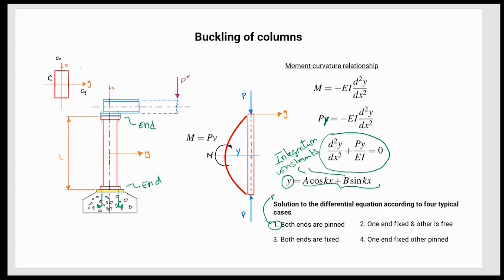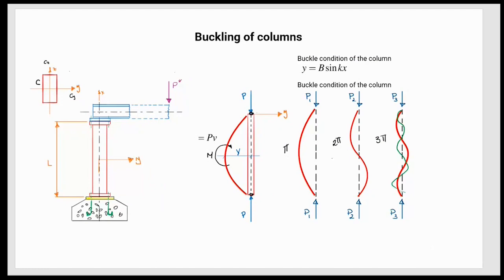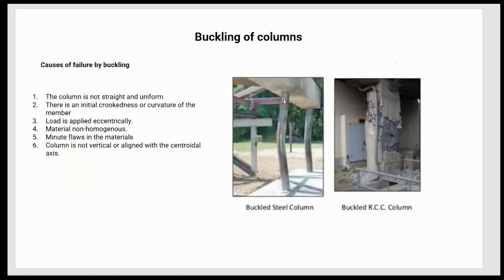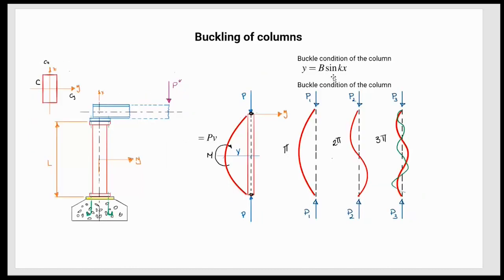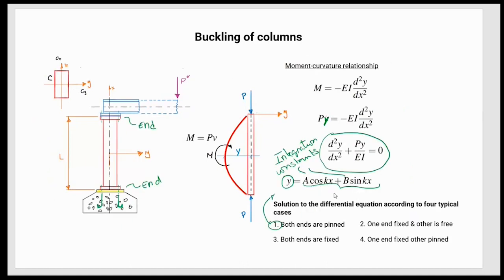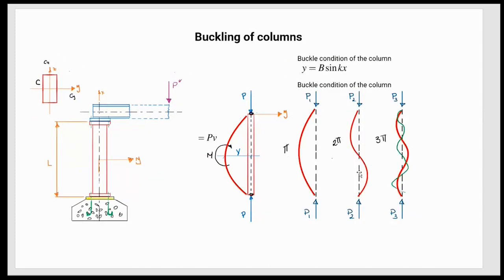Let's take an example. Well, I went ahead too fast. When I mentioned that this is the most probable way the column would fail, it's because when looking for the solution of the second degree equation, of this second differential equation, you might have a deformation shape that resembles this one, which is the original case we considered to start the formulation, or this is also a typical solution, or this is also a solution.